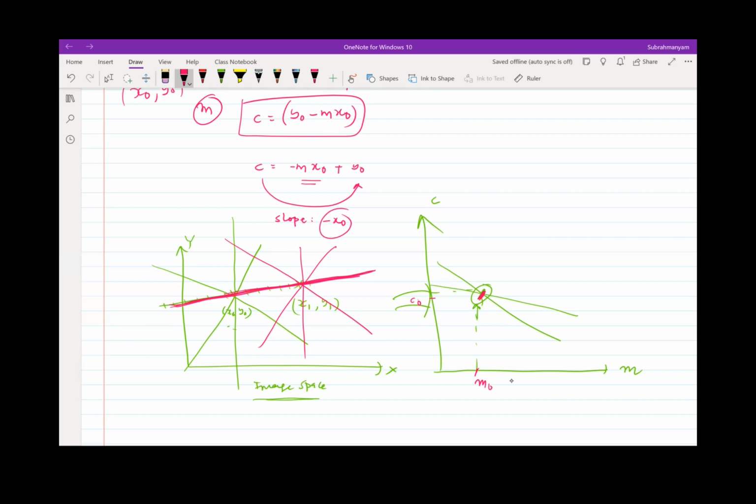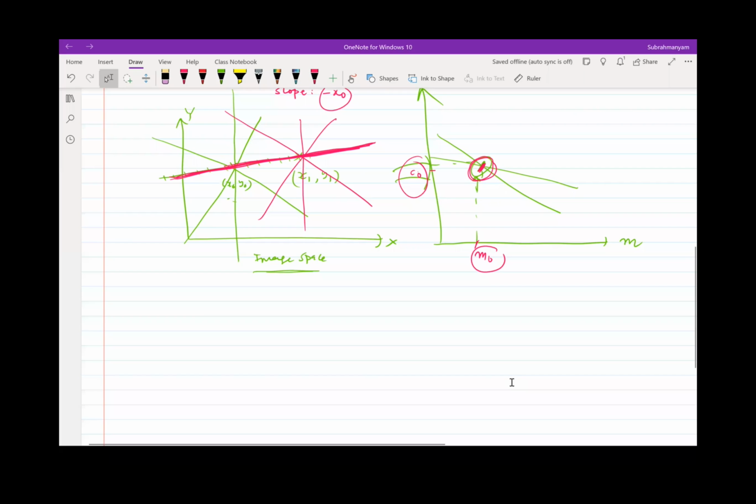So if you are varying the M value here and computing the corresponding C values, if you have 2 points, then the slope and intercept of the line passing through them would correspond to the slope and intercept for this intersecting point.